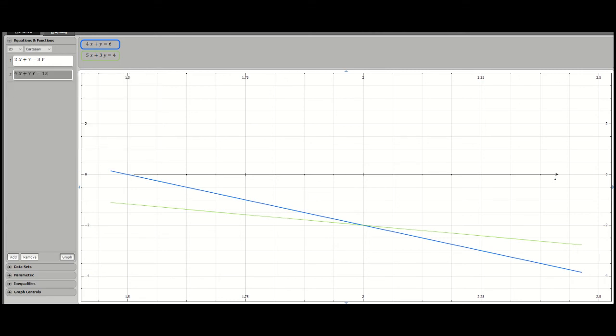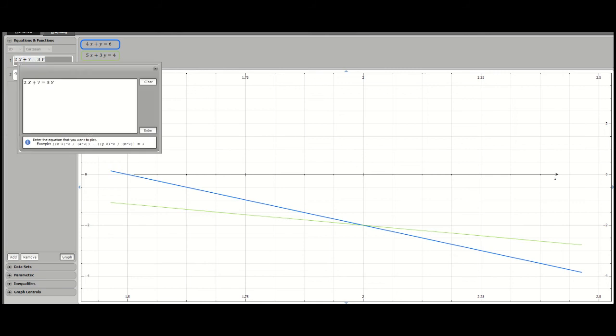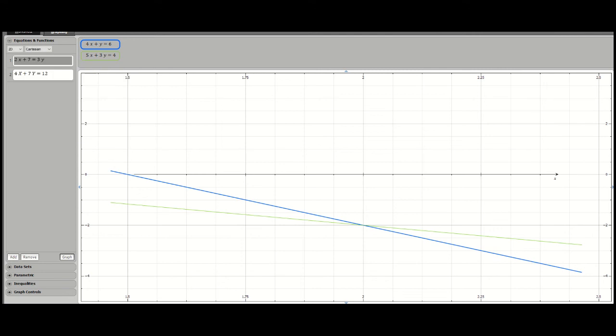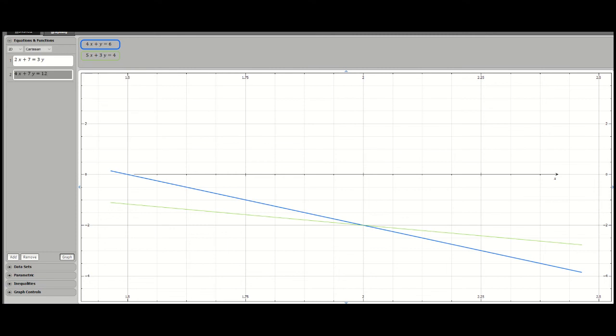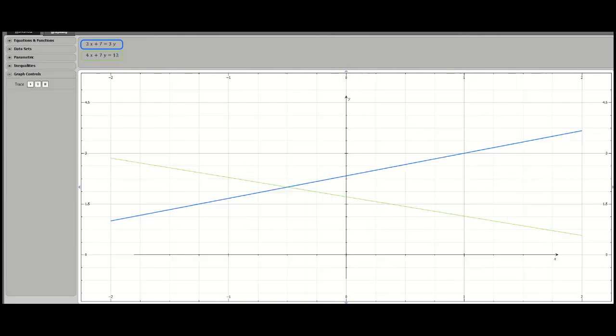Answer. Okay, so let's try to graph this one. Oh, there's a mistake, we need to have a smaller y and a smaller x also. Answer. And then we graph.